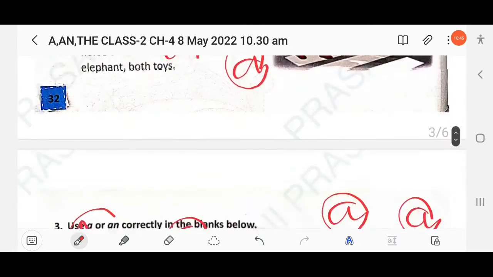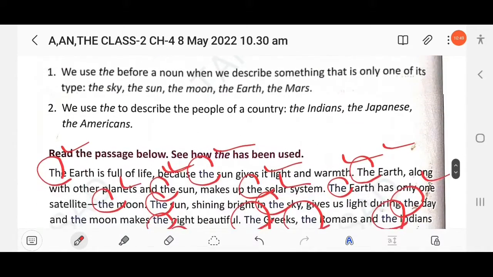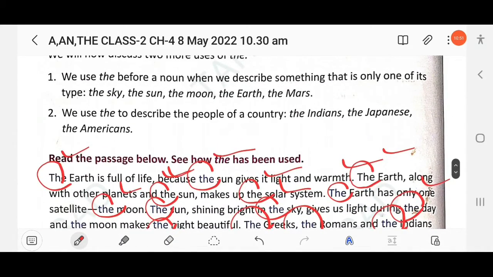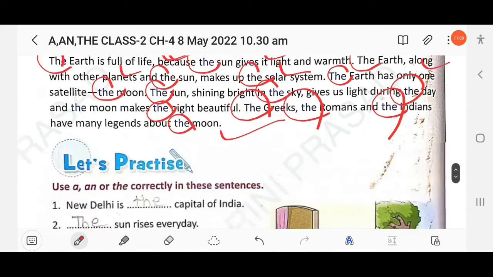So here you find we use the when we describe something that is only one of its type, like the sky, the sun, the moon, the earth, the Mars, and also we use it to describe the people of a country, the Indians, the Japanese, the Americans.